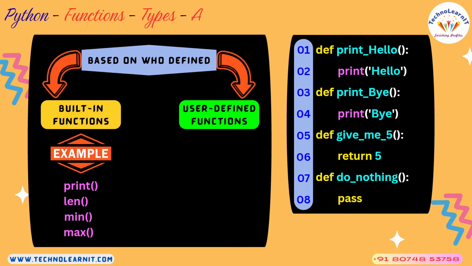So such functions are called built-in functions. Built-in functions are the functions that come automatically with the software installation. You need not write their definitions. They are automatically supplied as part of the software. You just make calls to those functions and get your job done.